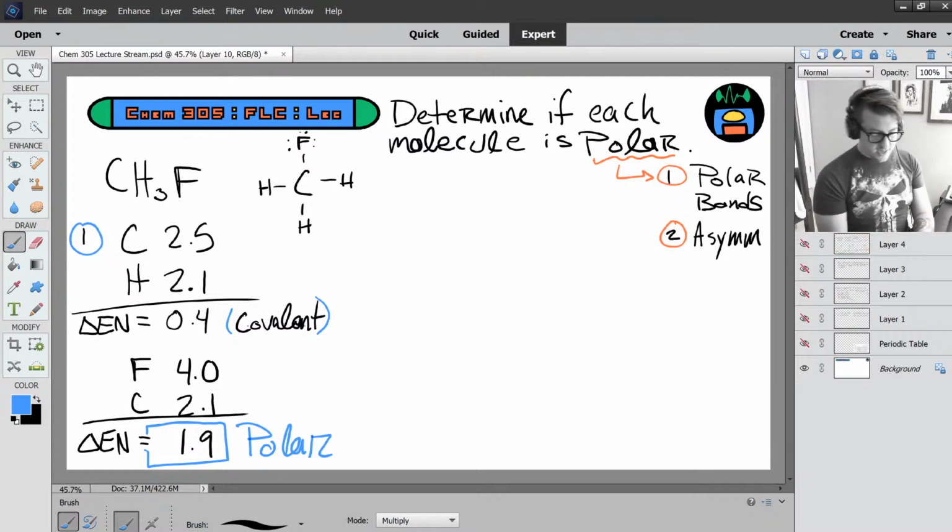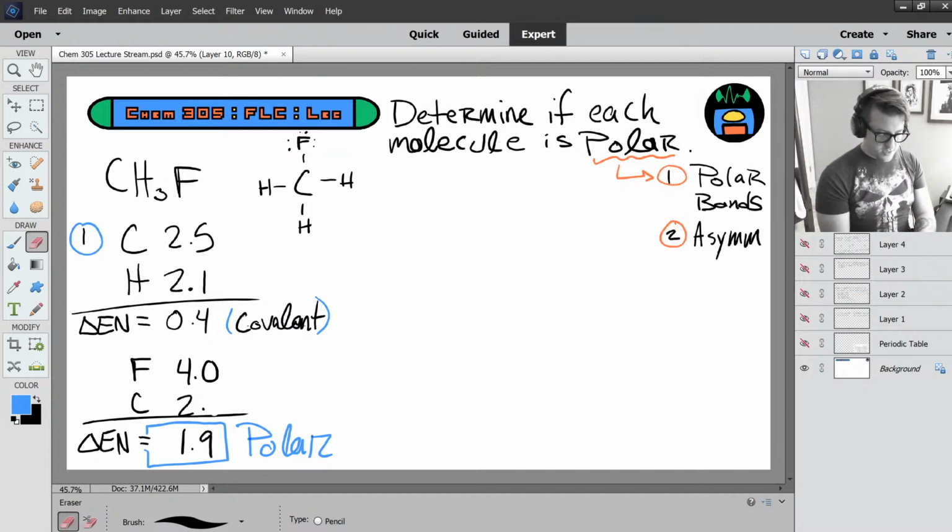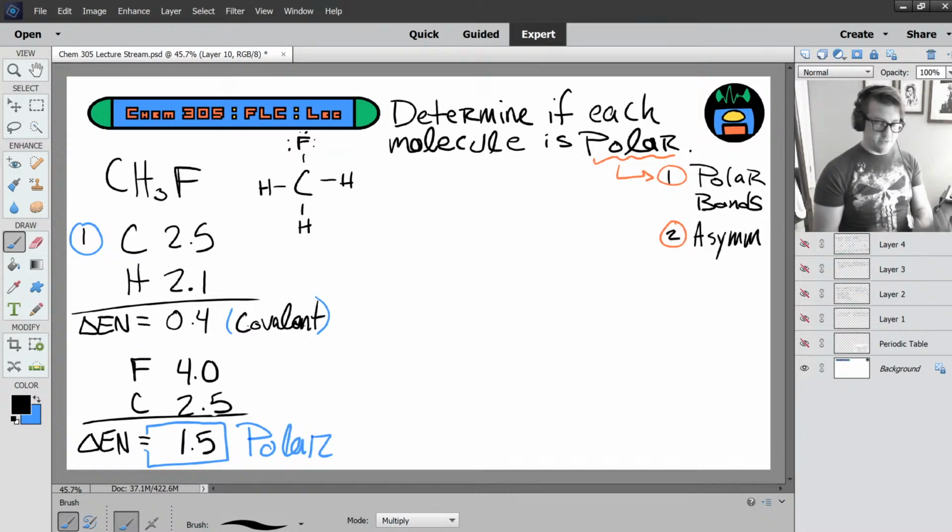Good catch, Esther. The electronegativity of carbon is not 2.1, it's 2.5, which means our difference in electronegativity here will be 1.5. Still polar though. Fortunately, that does not change.